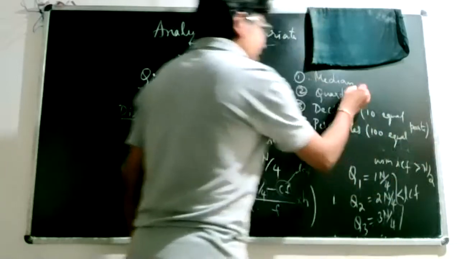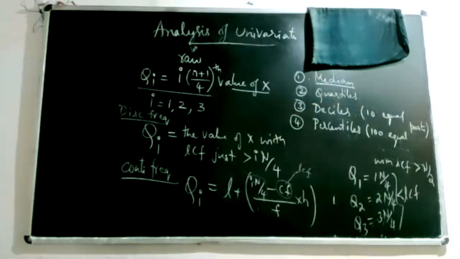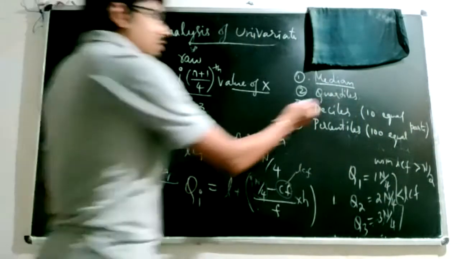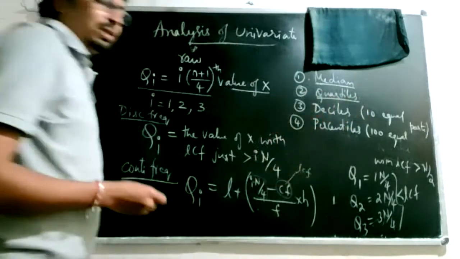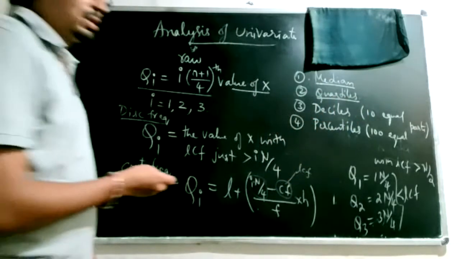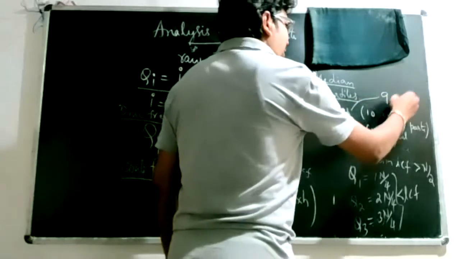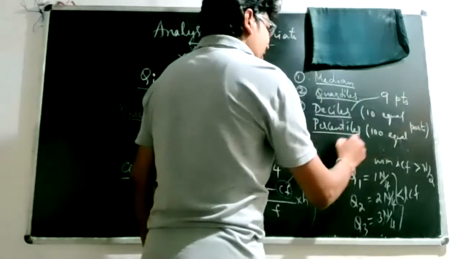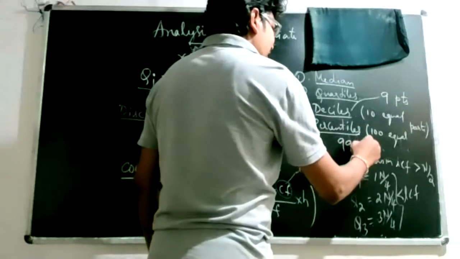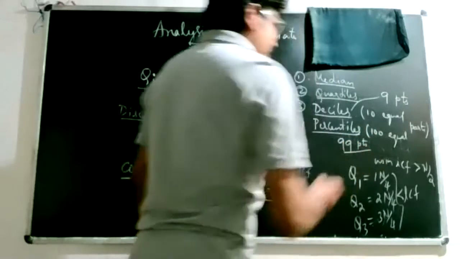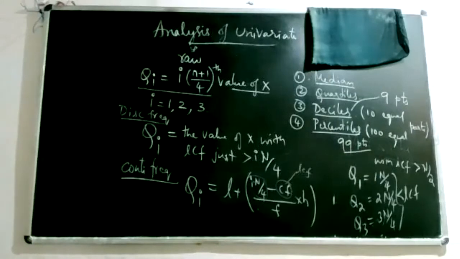And we observe that 1 point is sufficient to divide the distribution into 2 parts. 3 points are sufficient to divide the distribution into 4 equal parts. Now, if I want to generate 10 equal parts, then 9 points are sufficient, and similarly, there exist 99 points where the distribution could be divided into 100 parts.